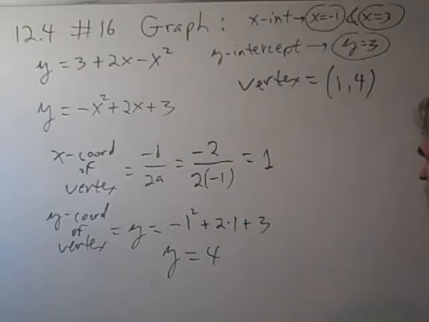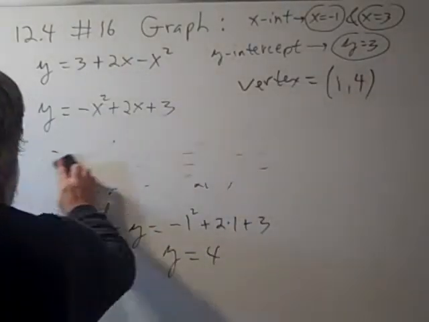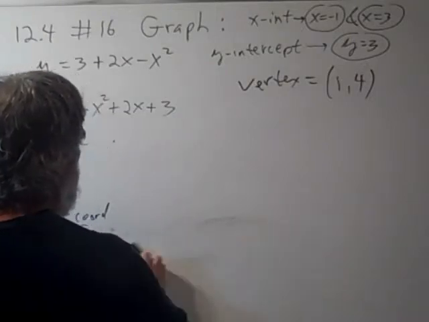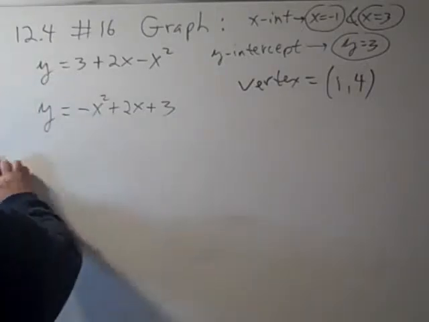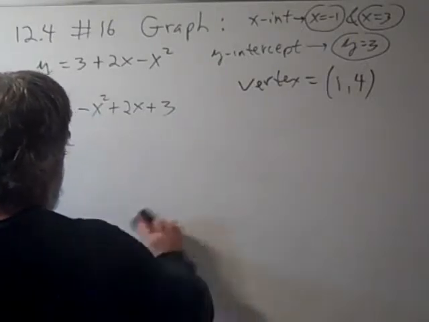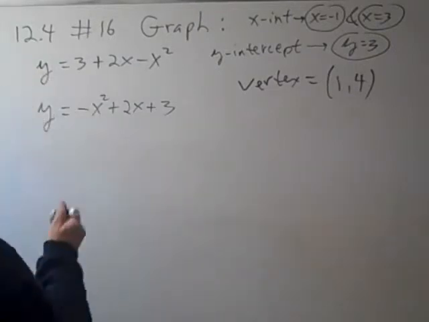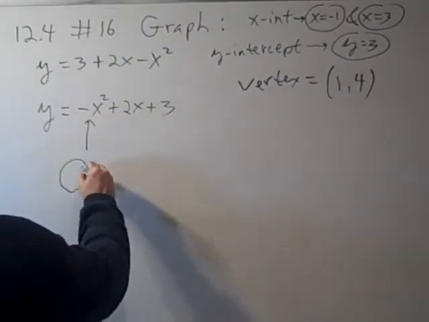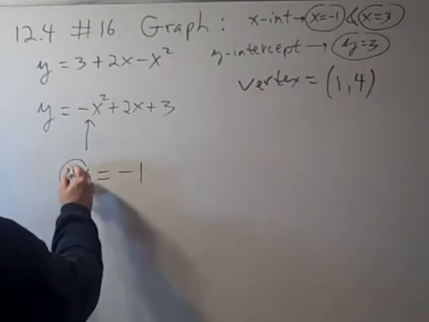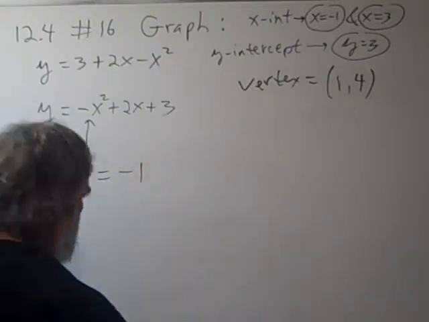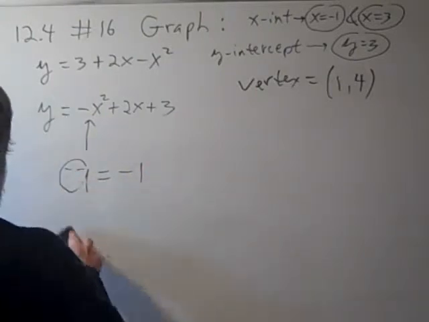Also we know that this parabola opens downwards because the a term is negative. So it's a downward turning parabola.